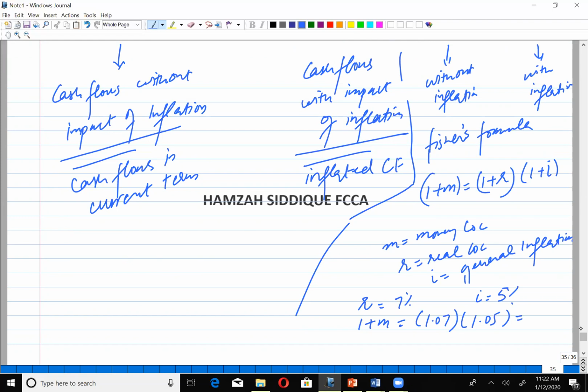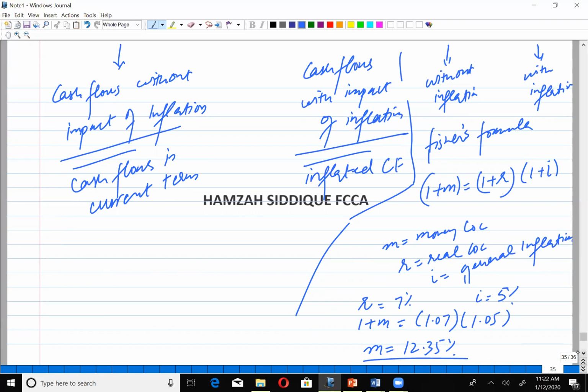So M is equal to 12.35% money cost of capital. And we can calculate the inverse as well. If money is given, we can calculate real with the general inflation as well.